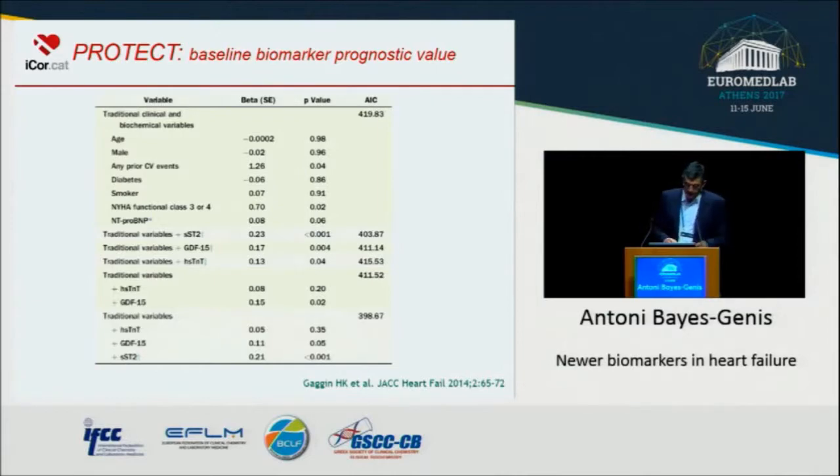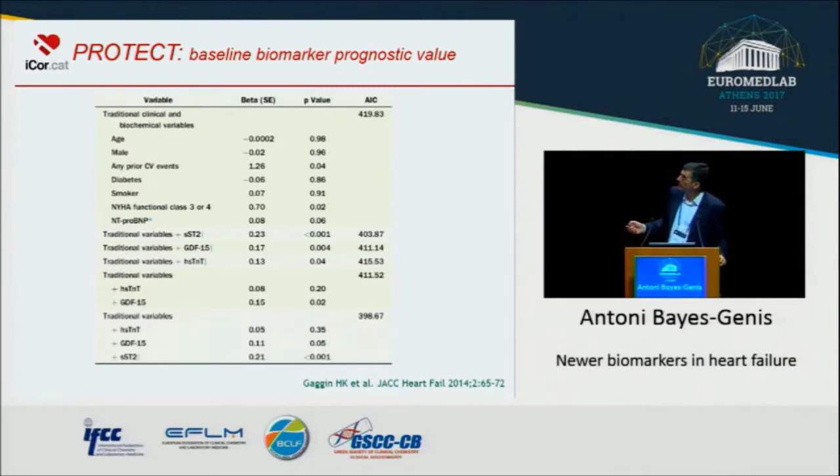In this case, the authors provide on your right side the AIC, which is the Akaike information criterion. And they compare this AIC with the traditional clinical and biochemical variables on the top. So you get on your top the conventional variables, which is a number of clinical variables plus NT-proBNP, which is 419. And let me tell you that the lower the AIC, the better the model. And there is no p-value.